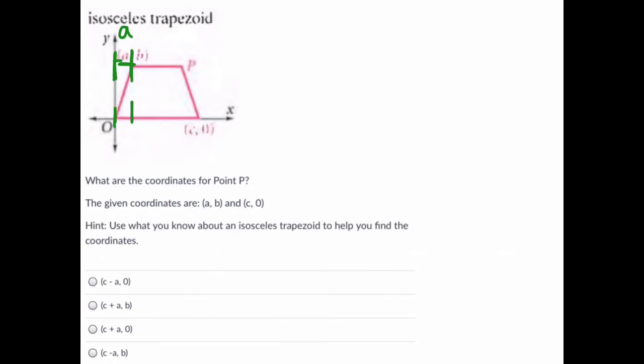So that's C minus A. And then you'd move up this direction, the same height as this line here, which brought us to point B. So the correct answer here is C minus A, B.